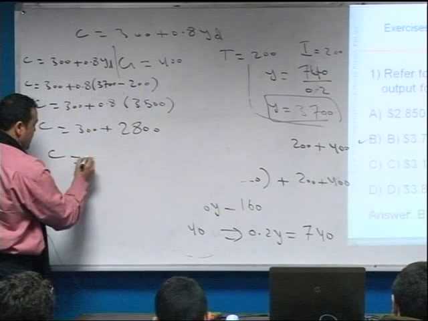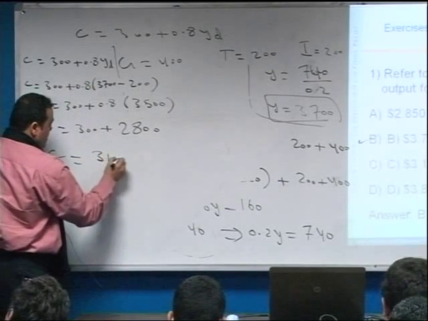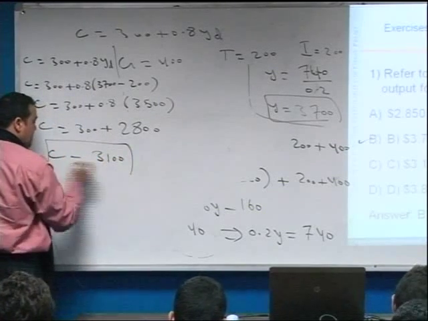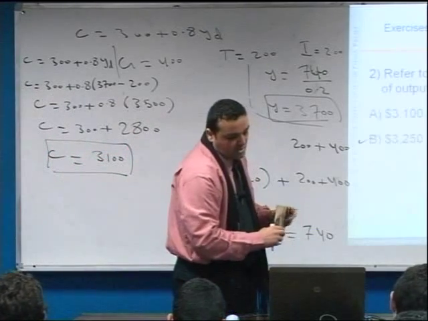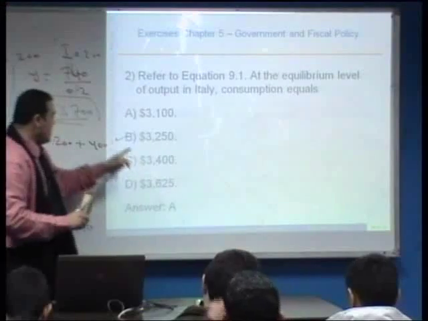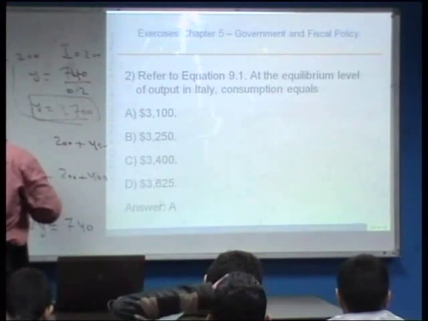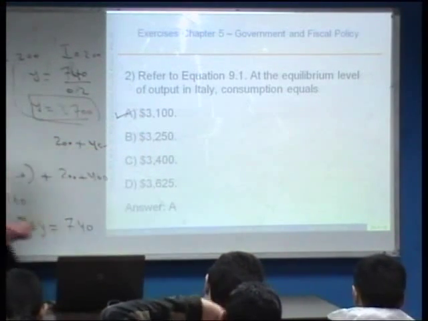So C equals $3,100 billion. So the consumption equals 3,100. So the answer is A, right?